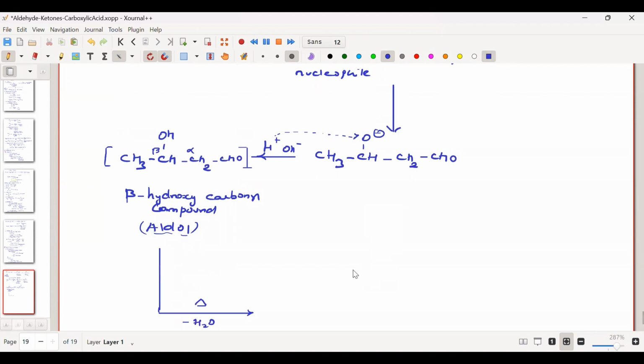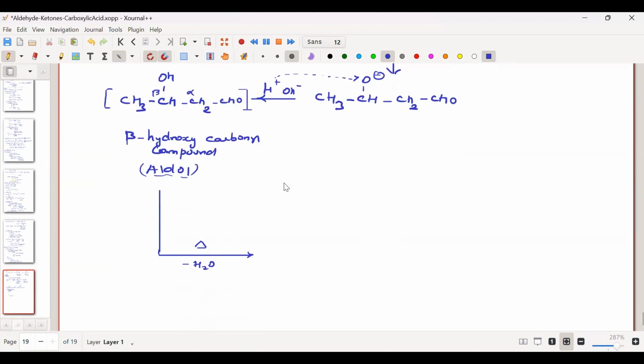Water goes as follows: a hydrogen from the alpha carbon and the OH from the beta carbon are going to go away. So what will be my product? CH3 CH, this OH has gone, one H from this CH2 has gone, double bond, CH CHO.